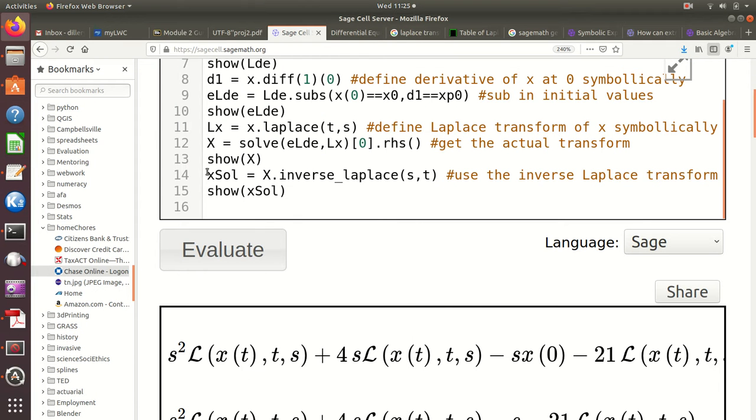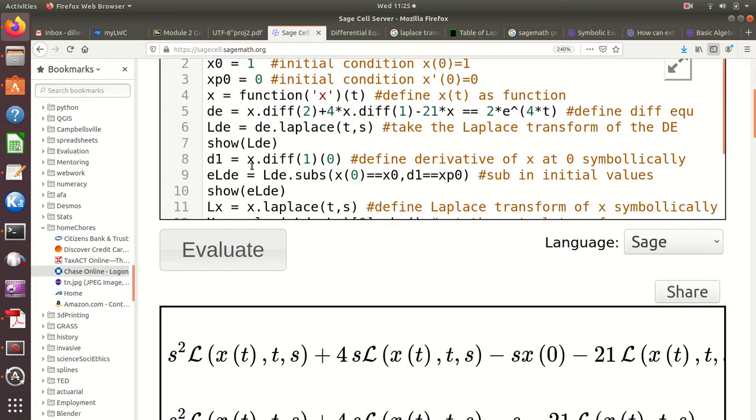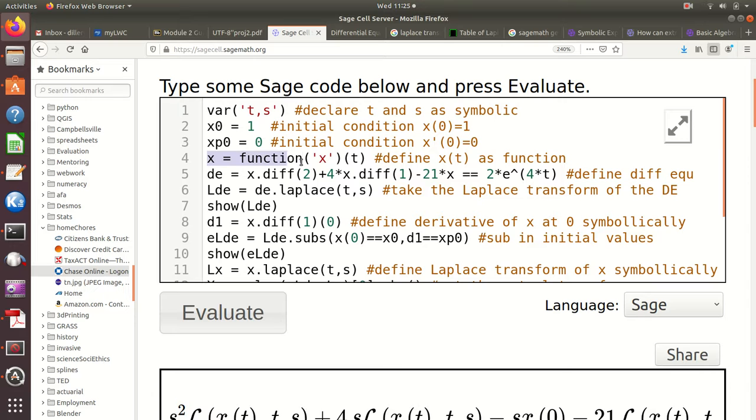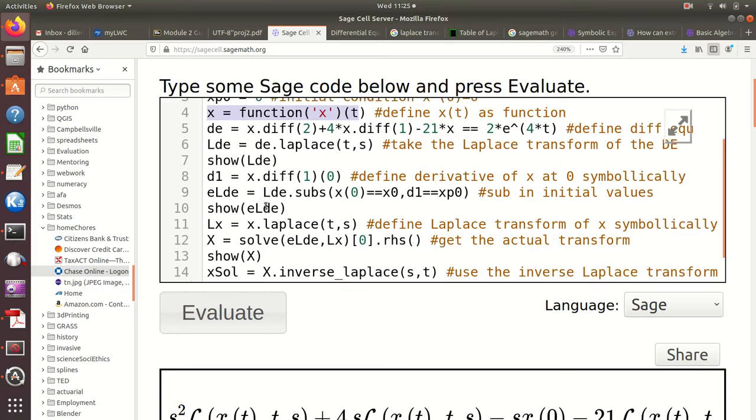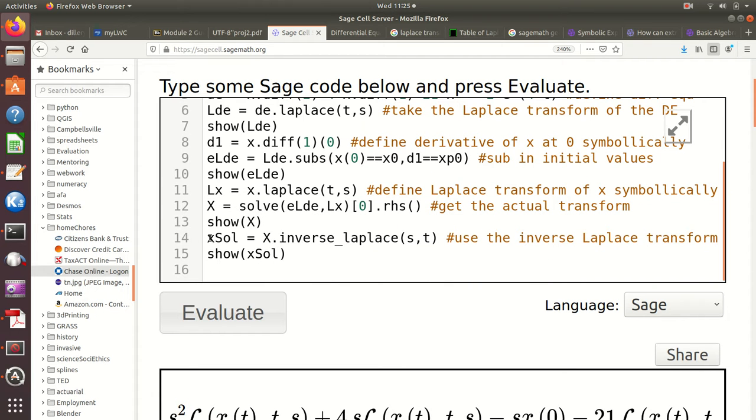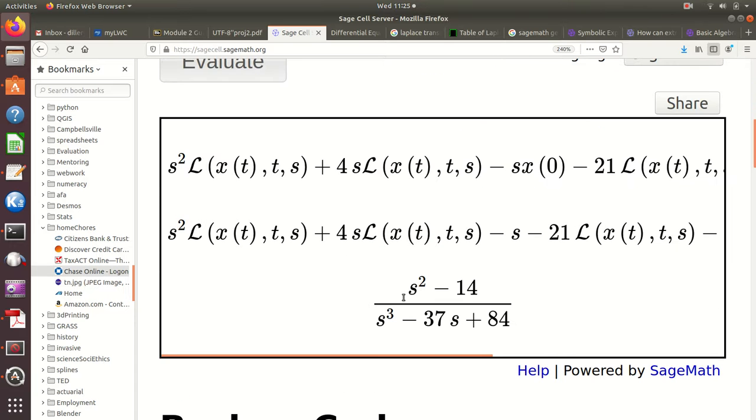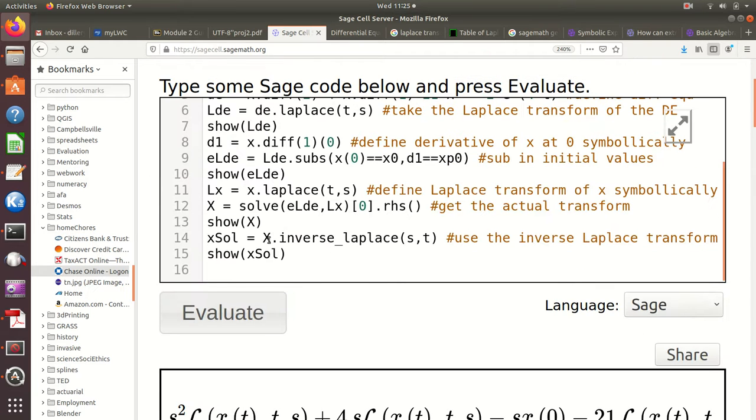So you see here I'm saying x solution. I would have just used a lowercase x, but we've got that defined here as that general function of t, so I didn't want to mess that up. So I've got x solution, and I take my Laplace transform, this thing down here, and say I want its inverse. And notice when I do that, the s and t are reversed from when I took the Laplace transform.